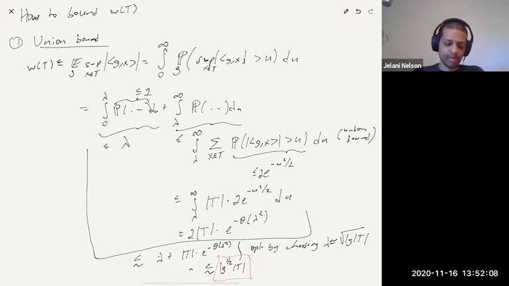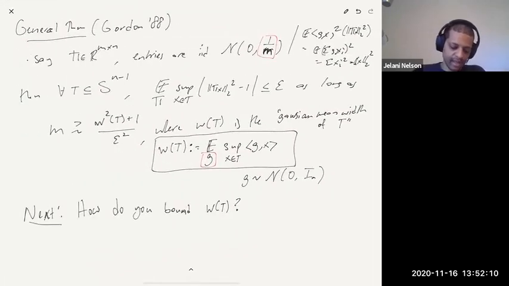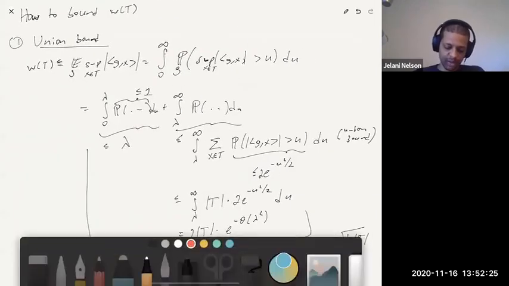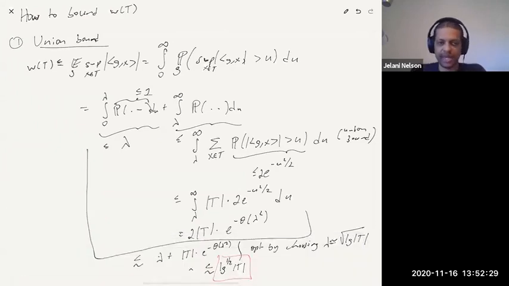So you plug that into this bound. What do you get? Root log T squared, which is log T, over epsilon squared. That's exactly JL. So already just trivially bounding W(T) via the union bound gives you JL. Well, once you have Gordon's theorem.